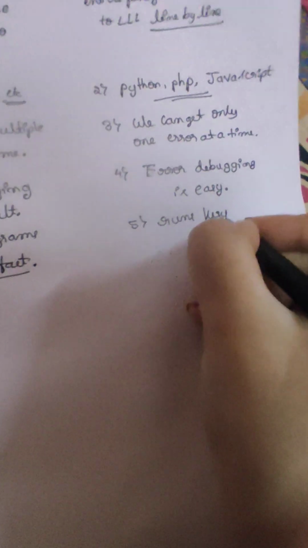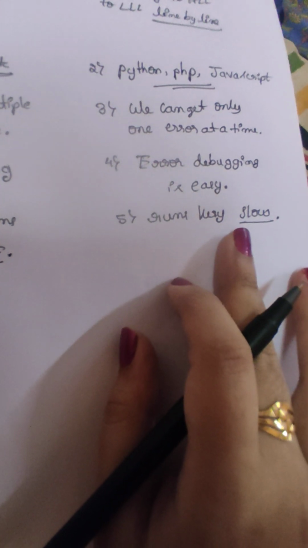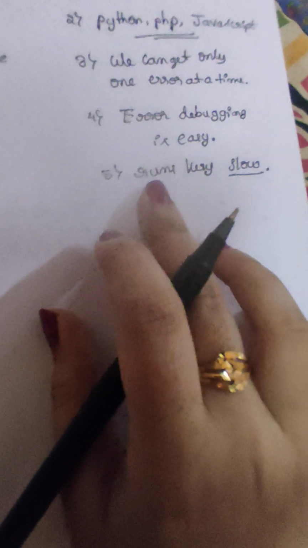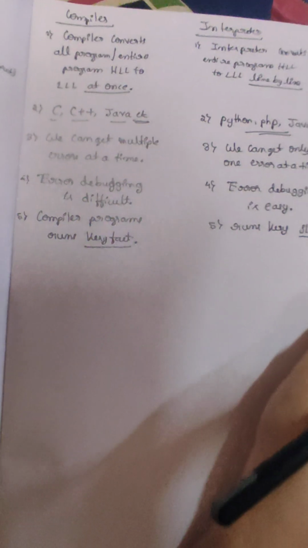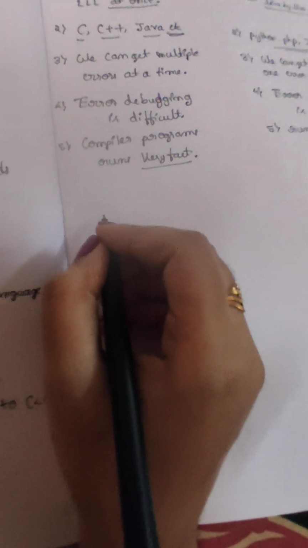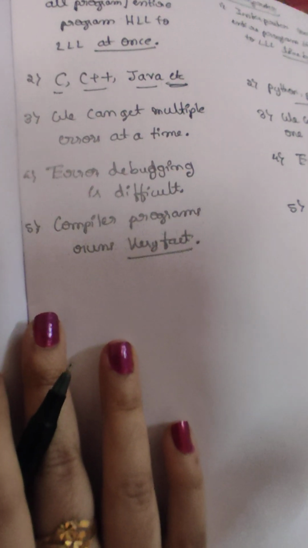But interpreter program runs very slow. Why means? It translates line by line. We can get only one error at a time. We have to debug one error at a time, so it runs very slow. These are the differences between compiler and interpreter. So in our Python programming language, we are using interpreter to convert high level program to low level program.